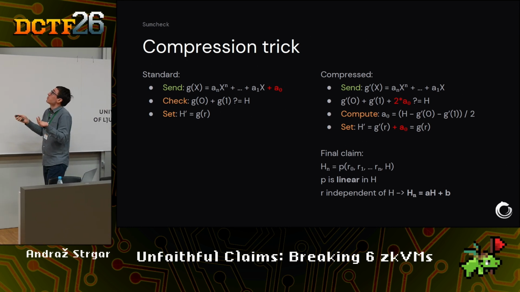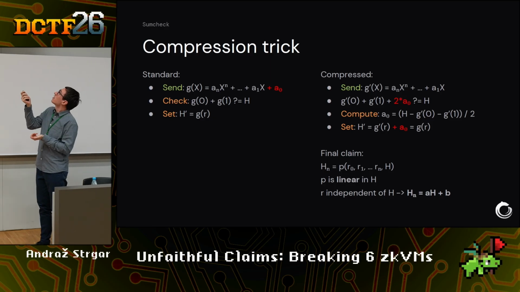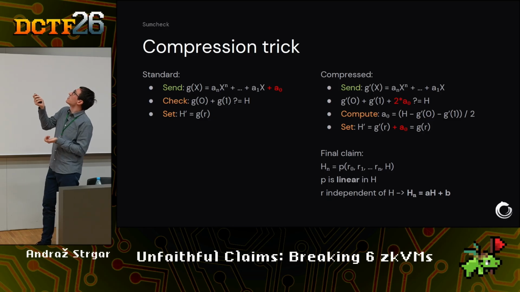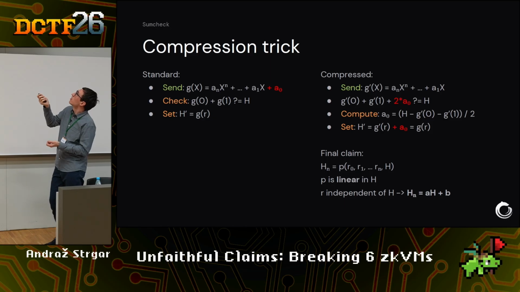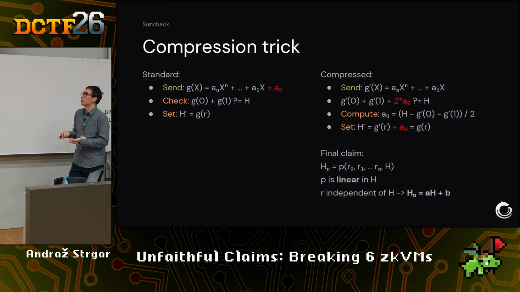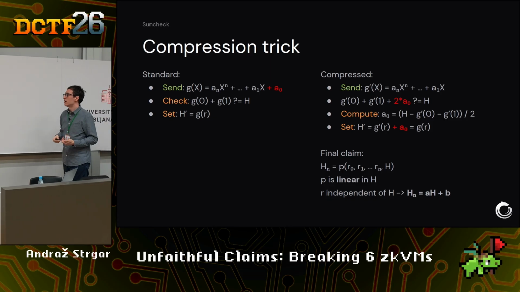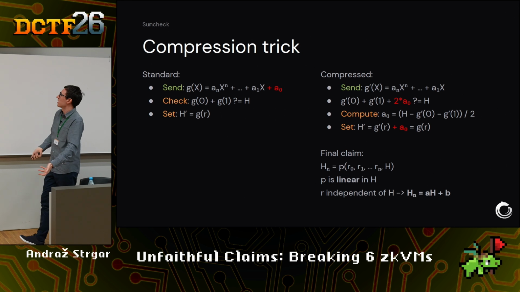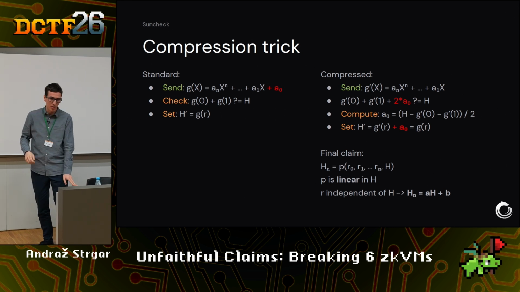And as I said, if the randomness here does not depend on H, in other words, it's independent, this polynomial, the A and the B do not change if we change H. And the Hn also, what it should be for the verifier to check in the final stage of the sum check, because this is the final claim, it checks it against something, not really important what it is.